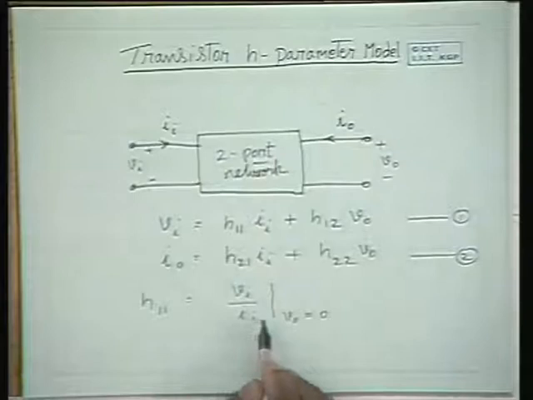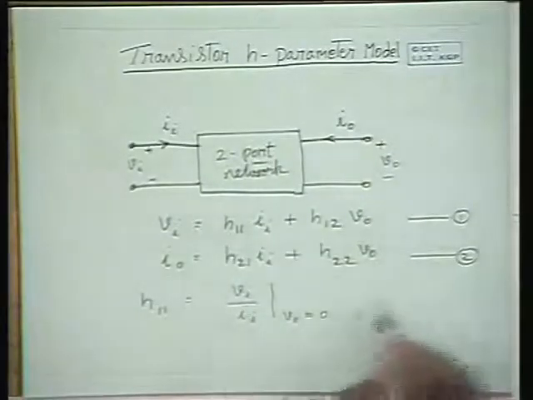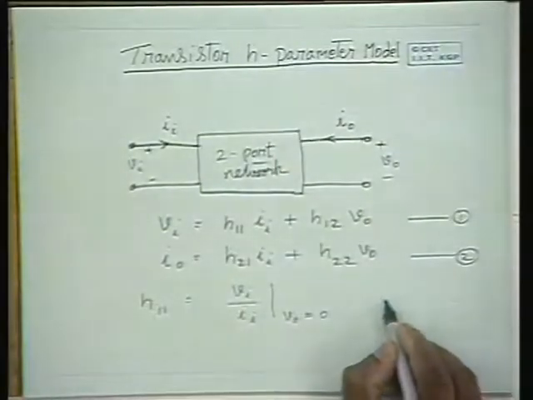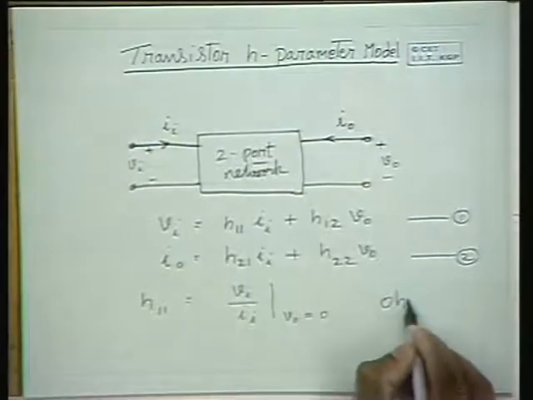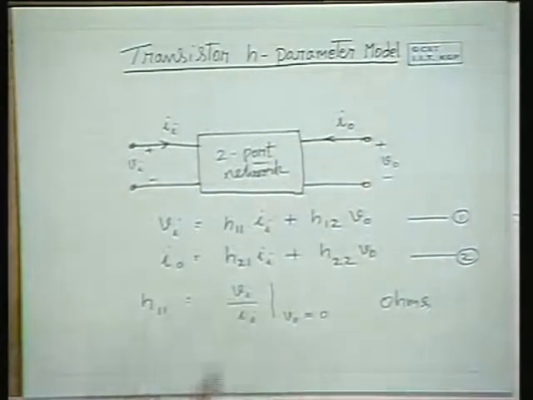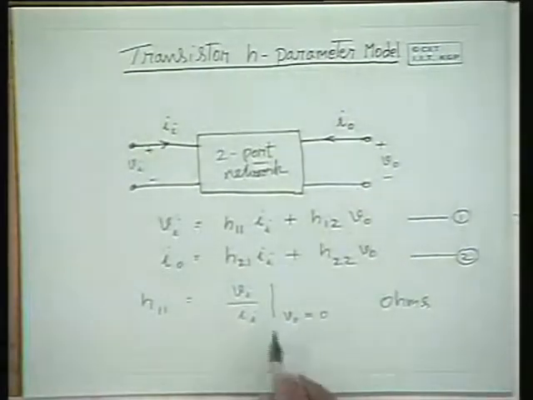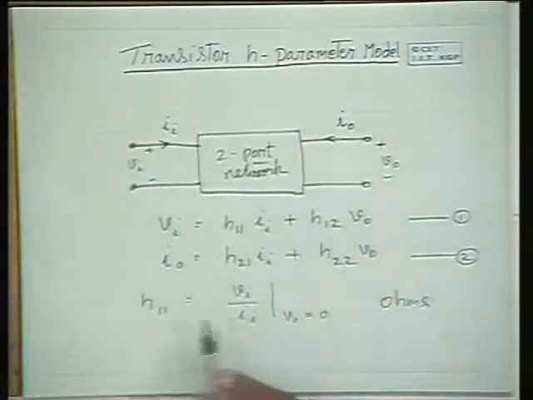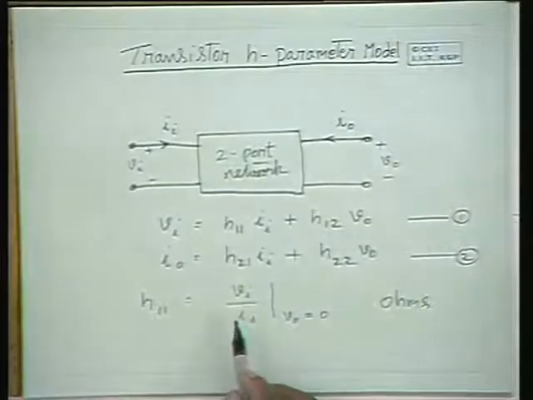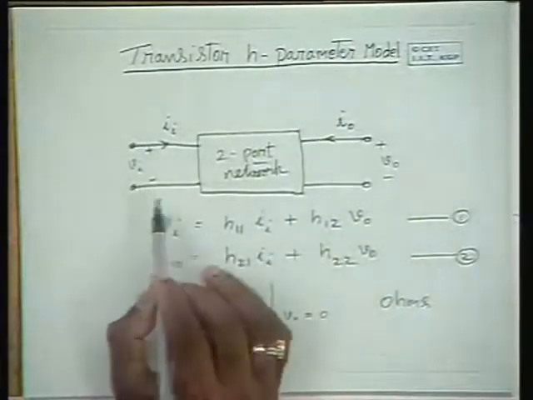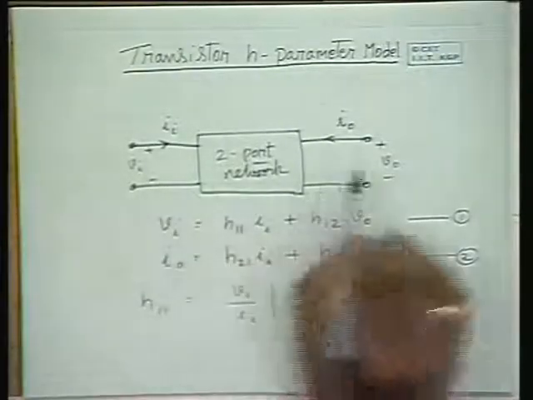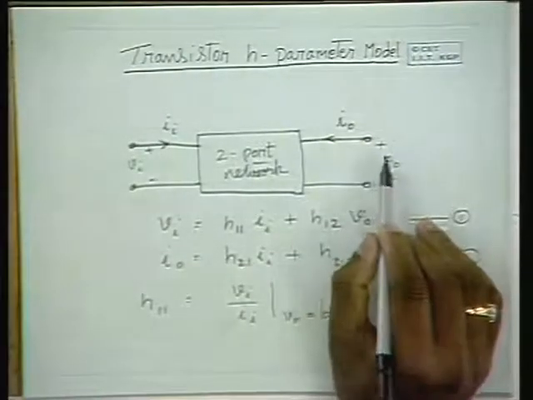So what are the units of H11? Naturally the units are ohms, because it is a ratio between input voltage and input current, and naturally it is input impedance, Vi by Ii. Does it give you the input impedance when this is open?